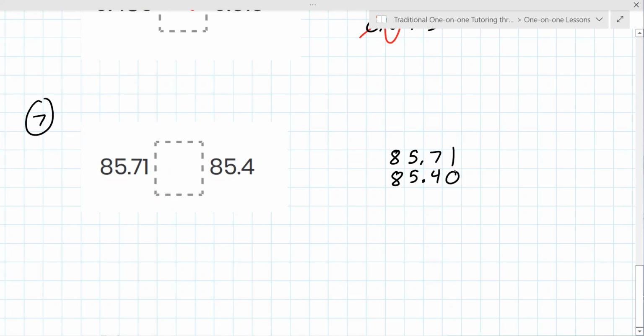And then starting from left to right, you want to see what's the same, figure out where they're different, and then you look for the bigger number. Whichever one is the bigger number, that's the one that's greater.